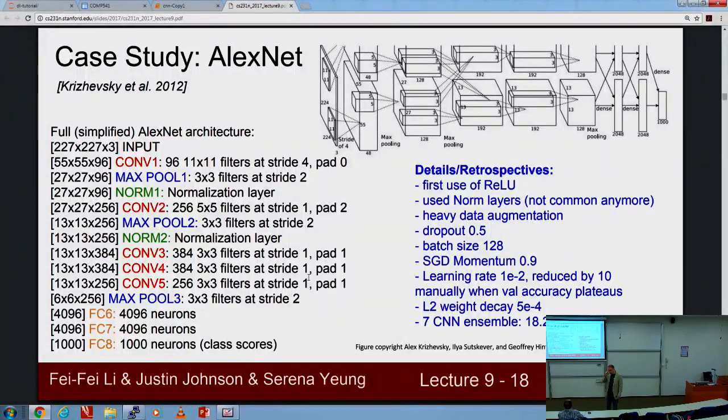Ensembling means you independently train, in this case, 7 different networks, starting from different random initializations, and then during test time you use them together and you average their outputs. That always gives you a 1-2% boost, no matter what the problem is, almost. So using that, their error went from 18% to 15%, for example. Okay. Any questions?